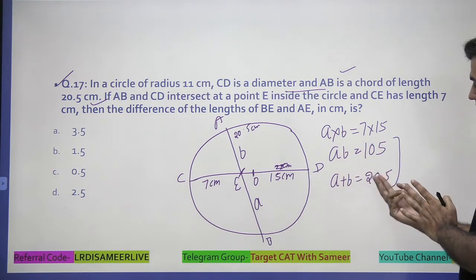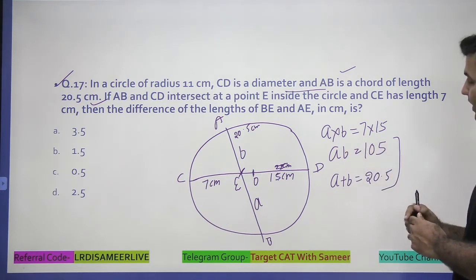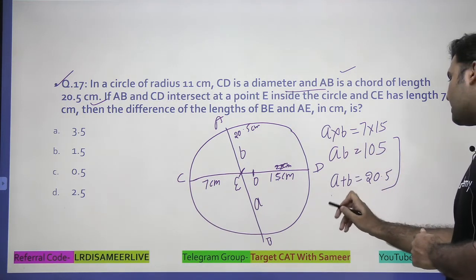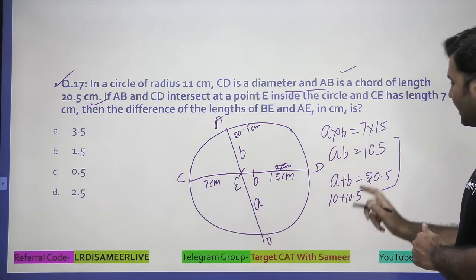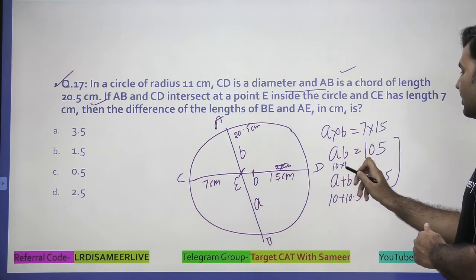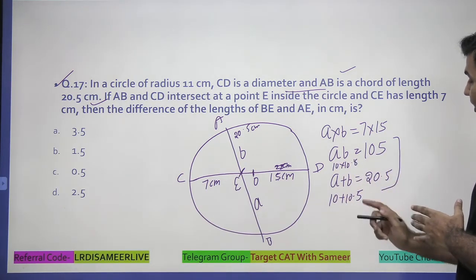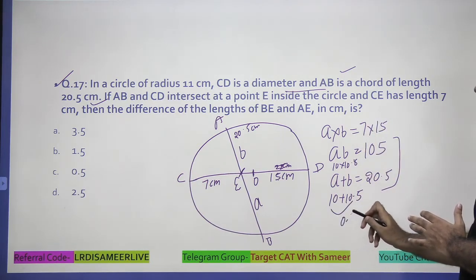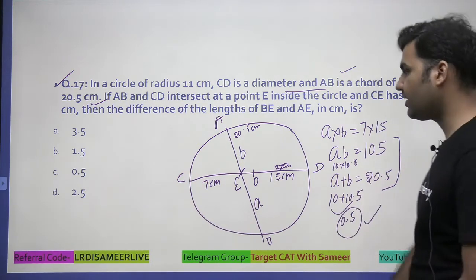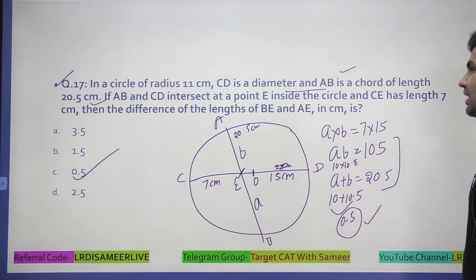Divide A and B in such a way that the summation is 20.5 and the product is 105. You can clearly see the numbers are 10 and 10.5. If I multiply 10 with 10.5, I get 105, and if I add 10 with 10.5, I get 20.5. What I'm supposed to find out is the difference. The difference between these two values is 0.5, and that is option C. C is the correct answer to the question.